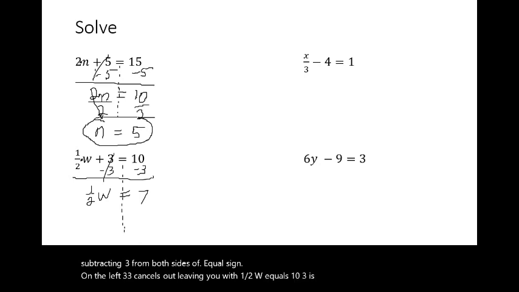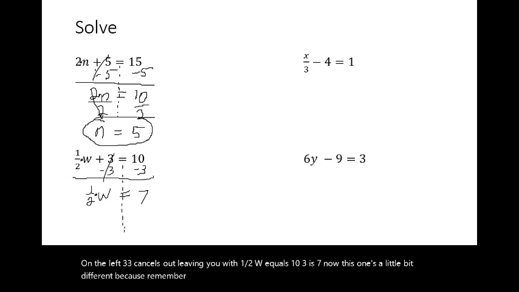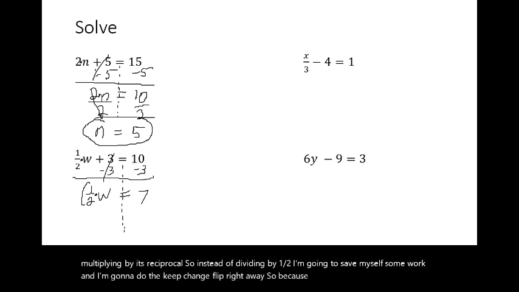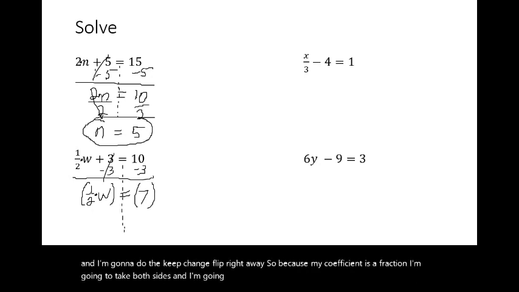Now this one's a little bit different because remember, our coefficient here is a fraction, and dividing by a half is the same as multiplying by its reciprocal. So instead of dividing by a half, I'm going to save myself some work, and I'm going to do the keep, change, flip right away. So because my coefficient is a fraction, I am going to multiply both sides by the reciprocal.